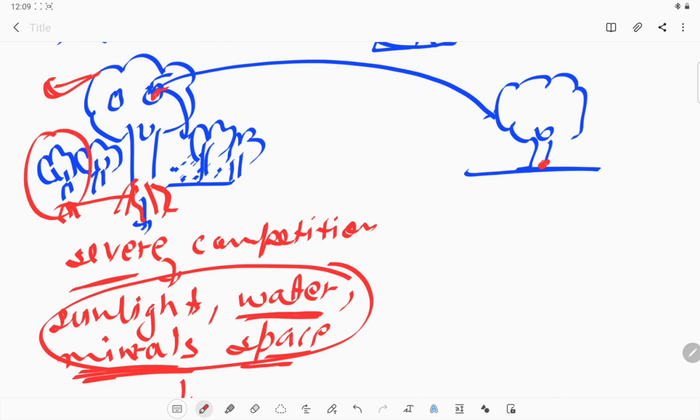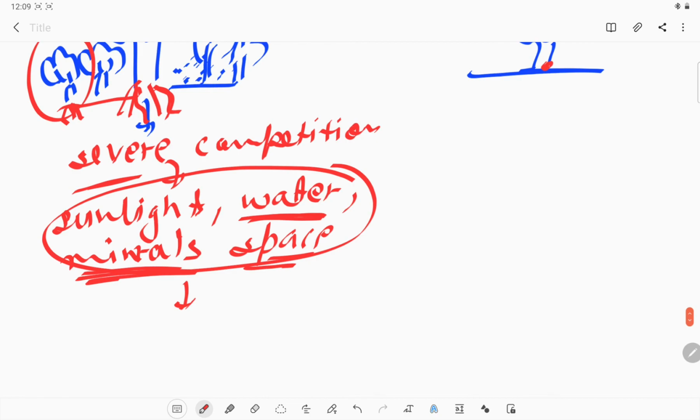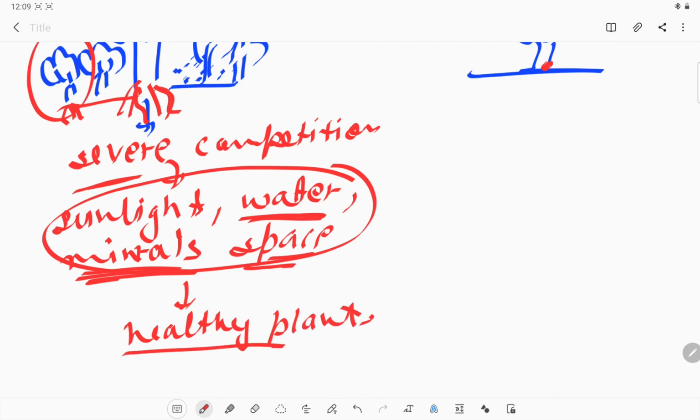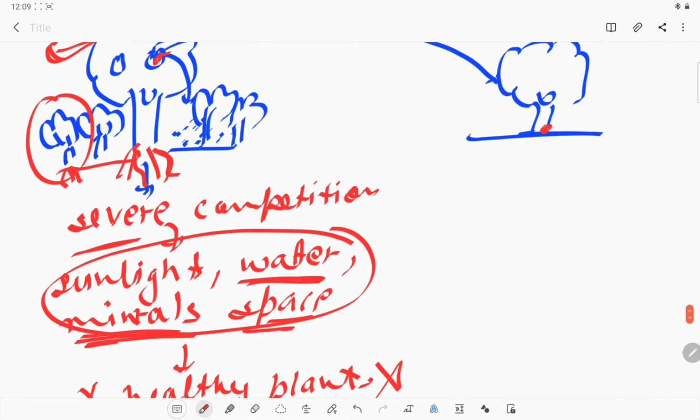So they will have a lack of nutrition in their body, and that is why they will form a not-good kind of seed. That seed will also not produce a healthy plant, which is not good for that plant species. So to get a healthy plant, we need to take the seed from one place to another for the dispersion process.